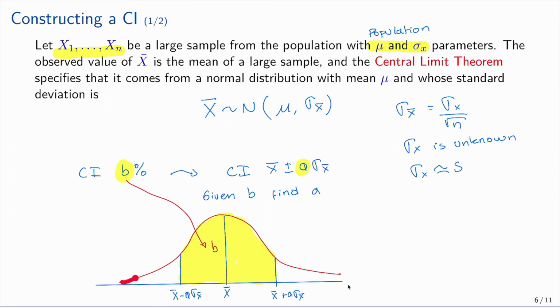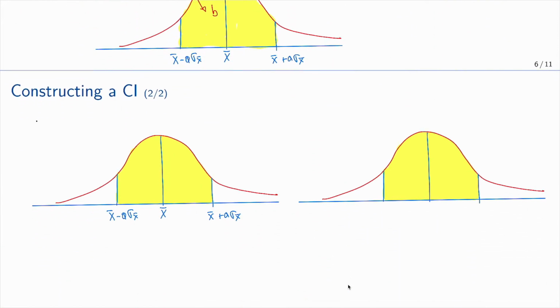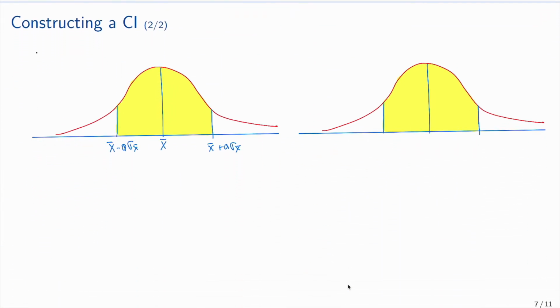Recall that the area under the distribution function is equal to 1. So we can divide this area in 3 regions. Let me do it in the next slide. The first region is the one on the left. The second region is our desired confidence fraction. And the third one is the last region.